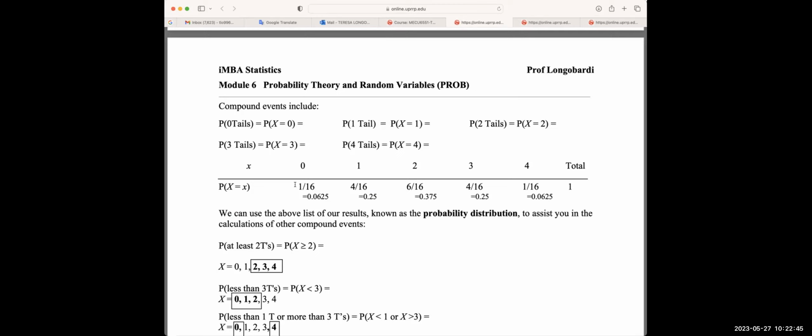With the Z table, you talked about the Z score being lower than C standard deviations from the mean or higher than C standard deviations. Now I'm going to talk about having more than 2 tails. So if this says at least 2 tails, that means I have to use the table with 2, 3, and 4, and I just add those together.